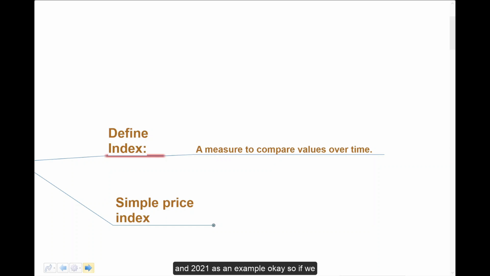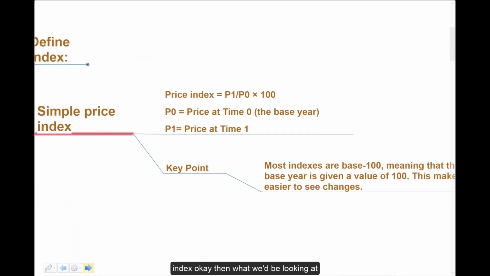If we were to take a simple price index, then we'd be looking at a price at time one, let's say 2024, and a price at time zero, let's say 2020. All that we're looking to do is uplift or understand the relationship between the prices at the base year T0 and the prices at time one.